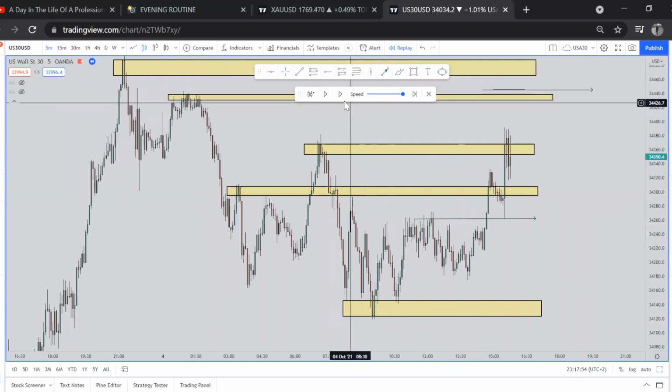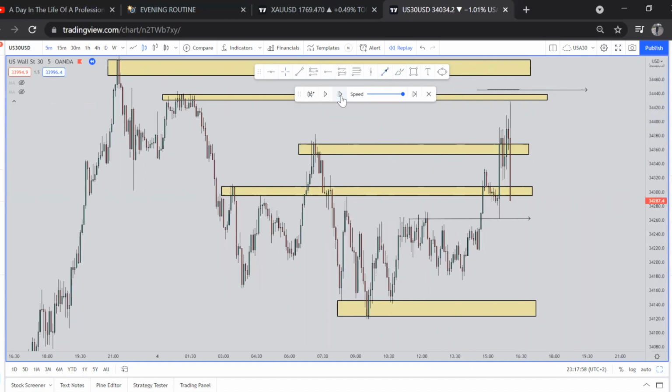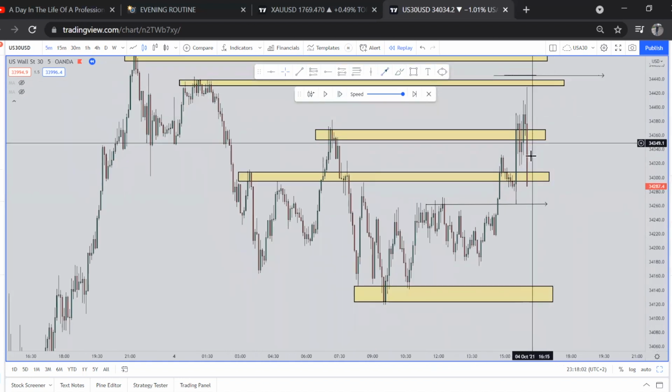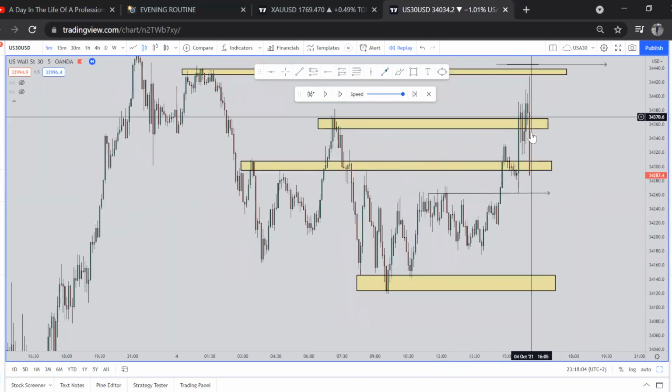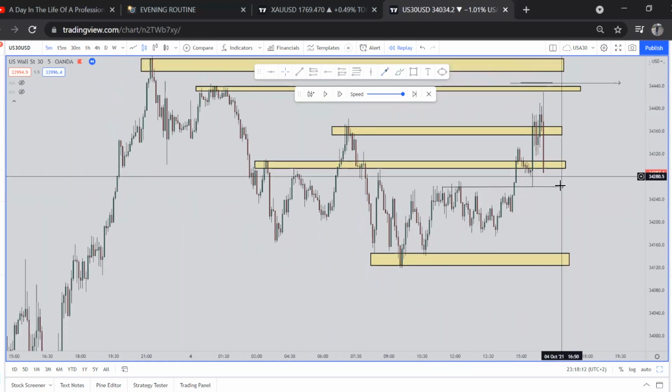You see, this is the spike that almost took us out, and then went super impulsively in our direction. This was the impulsive candle that put us back to break even. It was super nice.